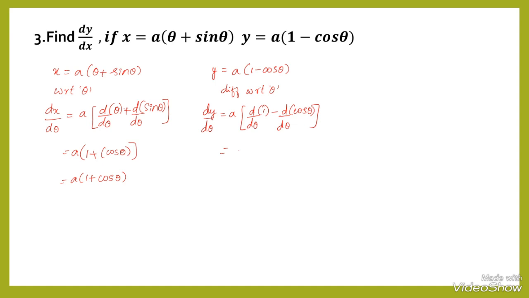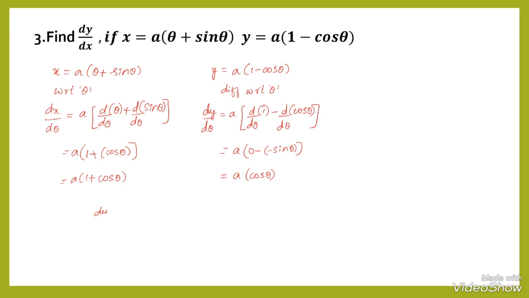Then it becomes a into differentiation of constant, which is 0, minus differentiation of cos theta, which is minus sin theta. Here minus into minus is plus, so it becomes a sin theta.